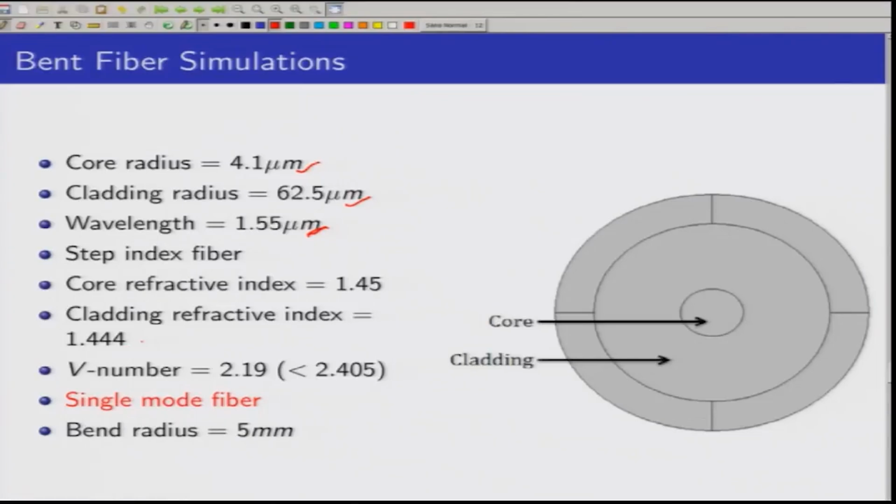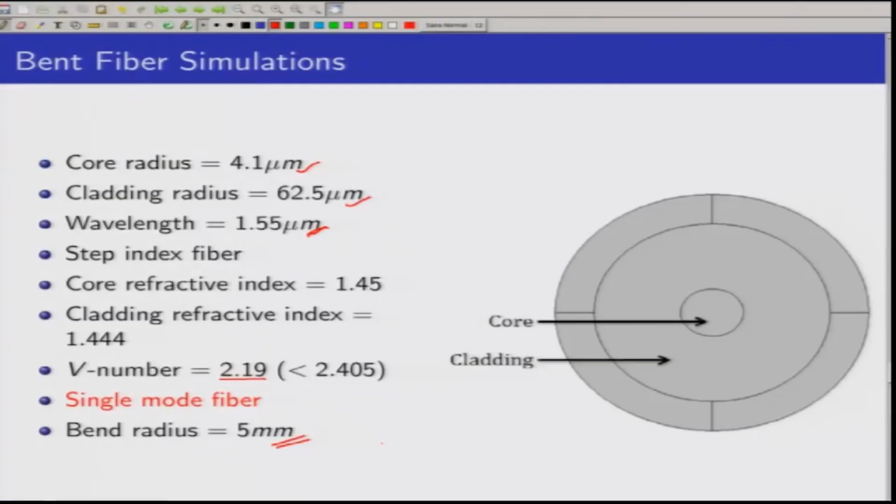If we calculate the V number for this fiber, we get a value of 2.19, which is less than 2.405. Hence, this fiber is a single mode fiber. We only will have a fundamental mode, not any of the higher order modes that we have seen earlier. And we are applying a bend radius of 5 mm, so r is equal to 5 mm in this case.